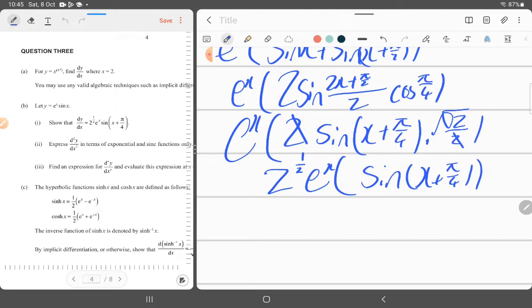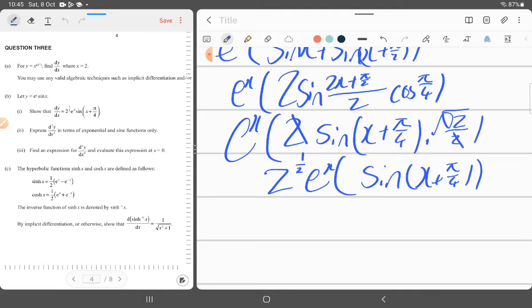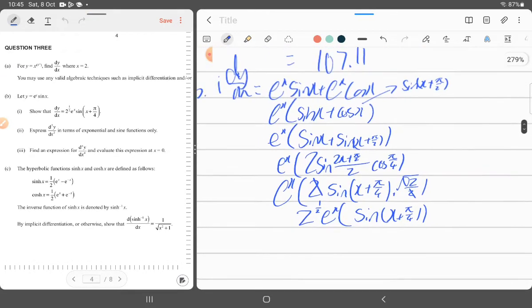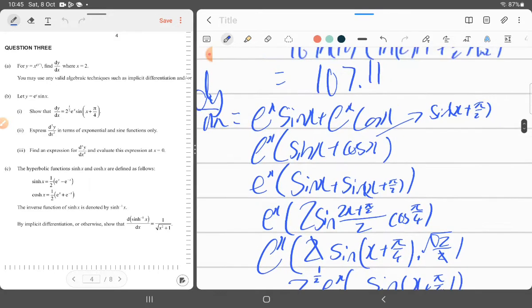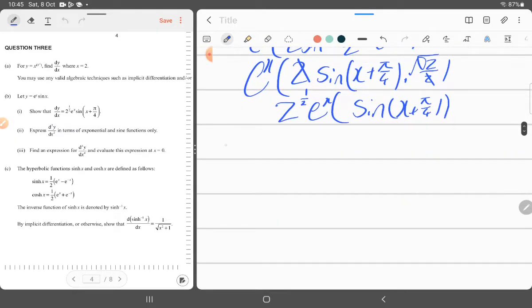D squared y. It might actually be easier just to derive this again. So let's derive this again, which is e to the power of x sine x plus e to the power of x cosine x.